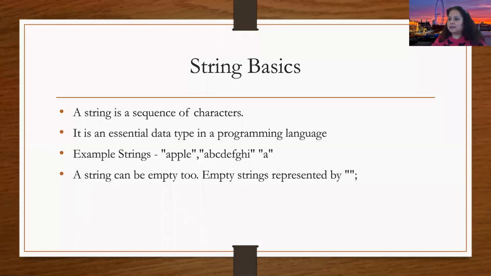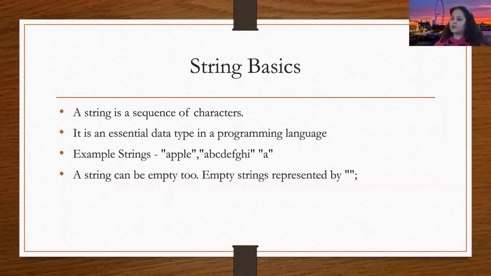So string basics. Strings like apple, boy, cat, A, B, C, D, E, F, anything of these, a sequence of characters, any sequence of characters is essentially a string. So you could consider a string as an array of characters, essentially.